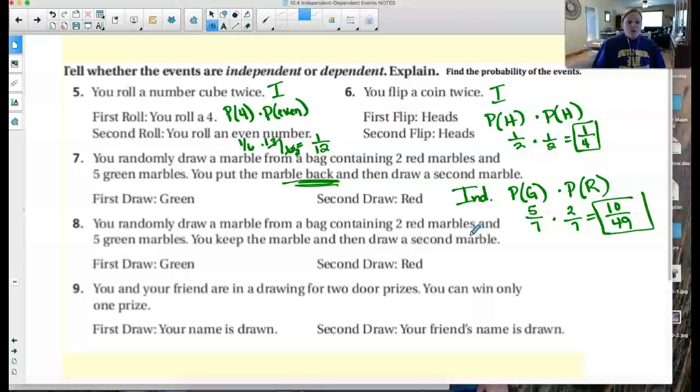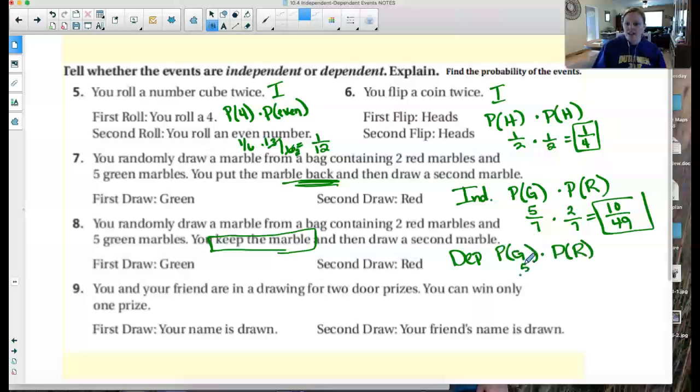You randomly draw a marble from a bag that contains 2 red marbles and 5 green marbles. You keep the marble and then draw a second marble. Now, because it said you keep the marble, that makes it dependent. Okay, so the probability that the first is green and the second is red. The probability of green times the probability of red.